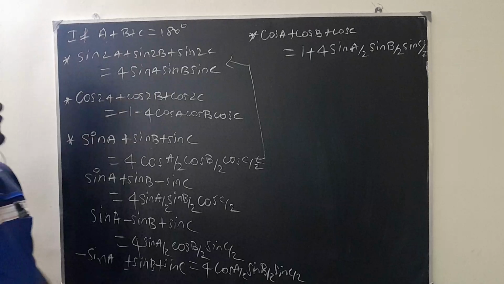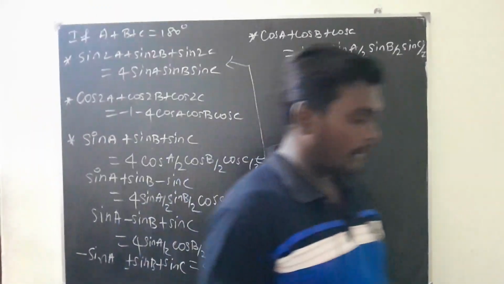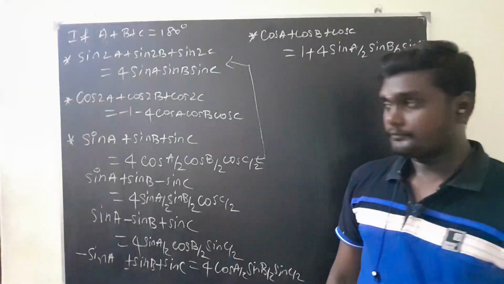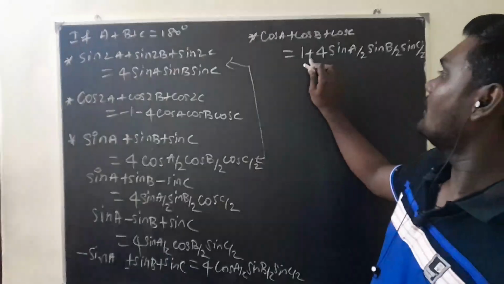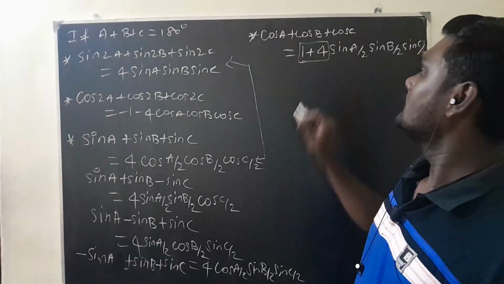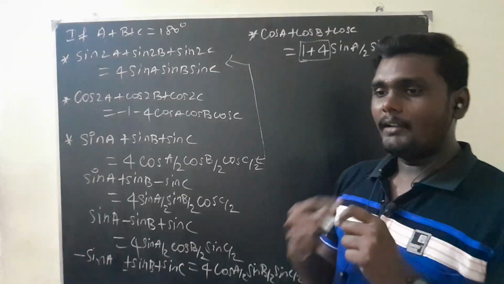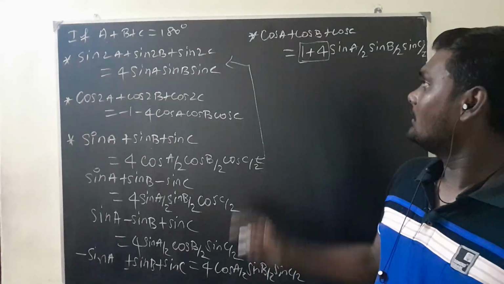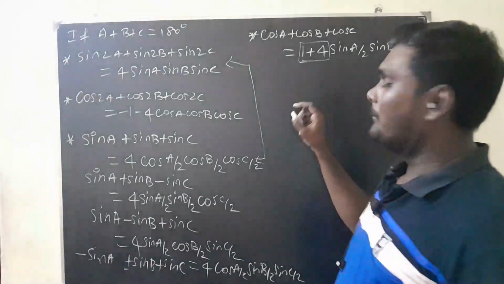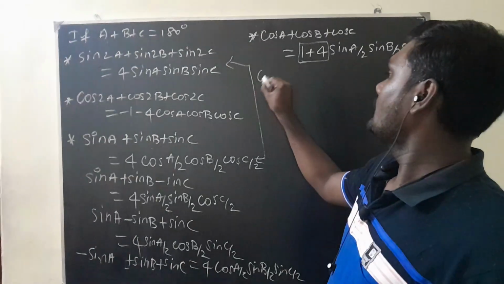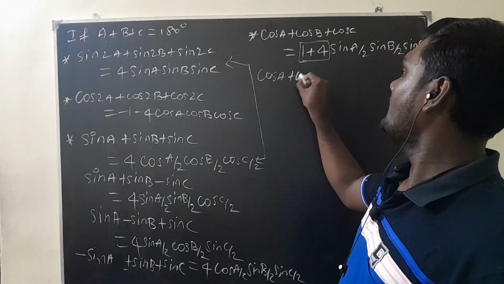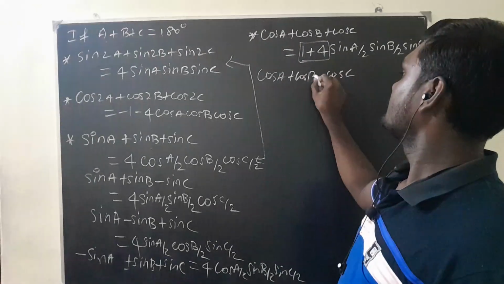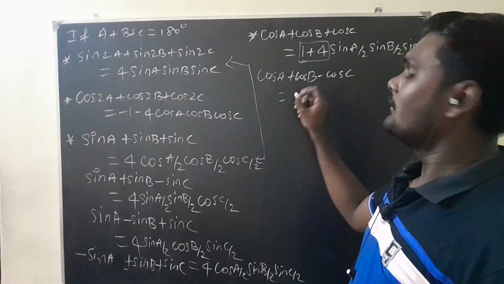Now the same applies for cos A plus cos B plus cos C also. But remember this structure now. Whenever we have this 1 plus 4, the negative formula we are applying now will have this 1 plus 4 changed to minus 1 plus 4. Observe this closely: cos A plus cos B minus cos C. Relate this with the original formula.